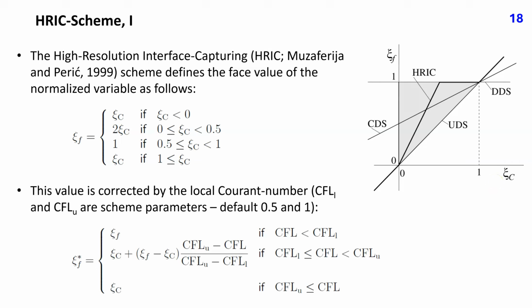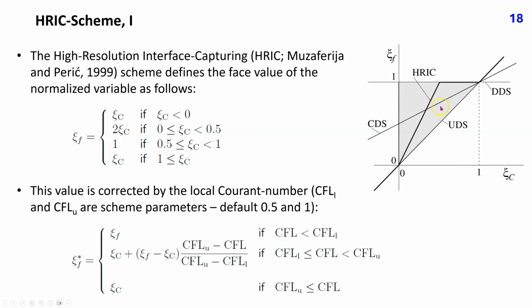The high resolution interface capturing scheme defines the face value of the normalized variable as indicated by the thick line in the diagram. When the normalized variable at cell center C is negative or greater than 1, the first order upwind scheme is used. For psi c between 0 and 0.5, the face value of the normalized variable is set to twice the value at node C, given by this line.